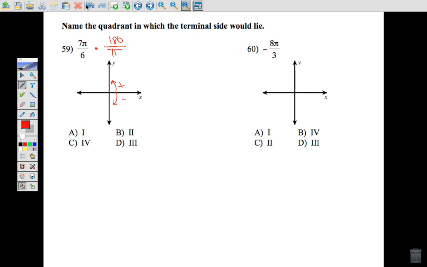But this one's positive, so I'm not going to do it for you, but you should be going this way. This one's negative, so you should be going this way. Also, let me just tell you what these numbers are, because a lot of people don't know them. First quadrant, second quadrant, third, and fourth.